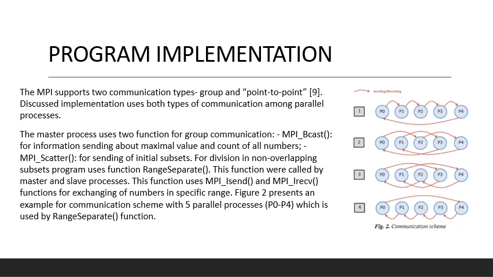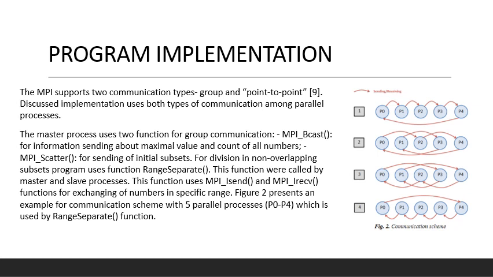The main process uses the function for group communication MPI broadcast for sending information about the maximal value and count of all numbers, and MPI scatter for sending the initial subsets.